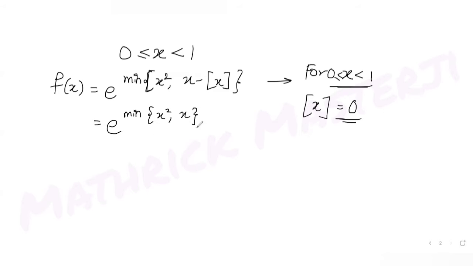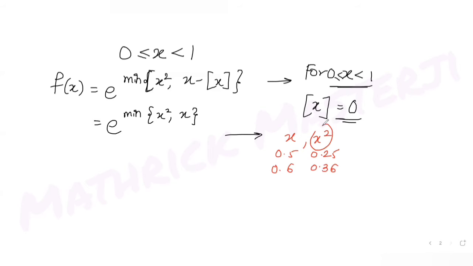Now if you see, for all the values of x from 0 and just less than 1, if you compare the values of x and x square, let's say we take any random number 0.5, the square of that becomes 0.25, which is smaller than 0.5. If you have, let's say, 0.6, this becomes 0.36.